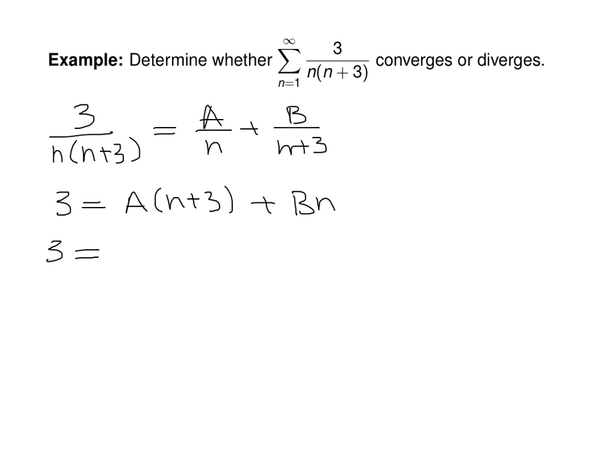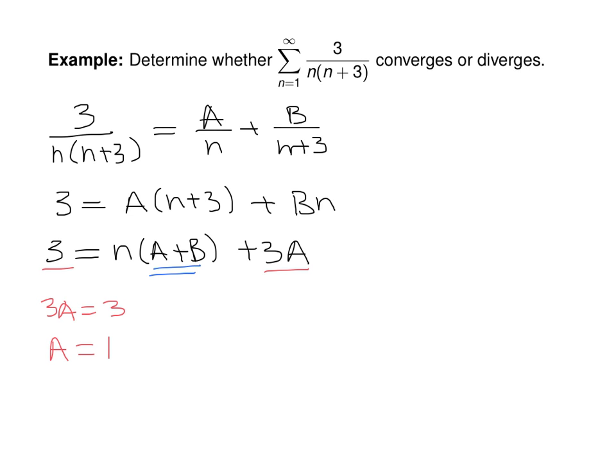So 3 will equal n times a plus b plus 3a. So we know that 3a has to equal 3, and thus a is 1. We also know, because there's no n on the left side, that a plus b has to equal 0, and since a is 1, b is going to have to be negative 1.